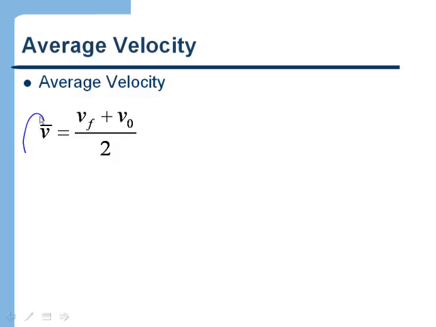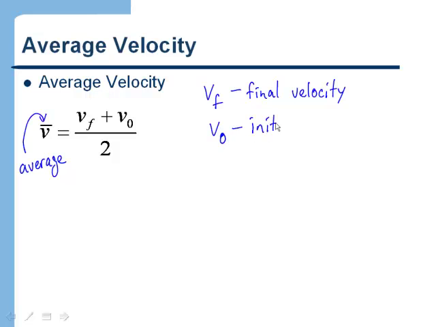So the bar over the V here stands for average, and V final represents the final velocity. V naught represents the initial velocity.